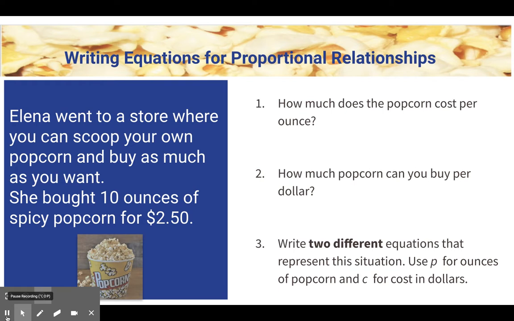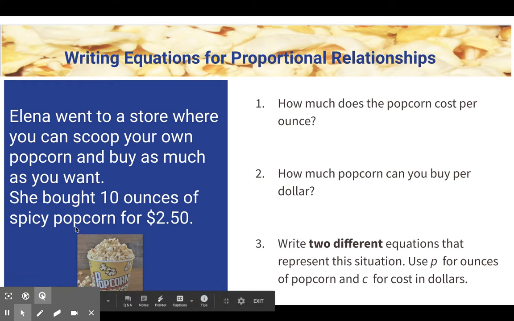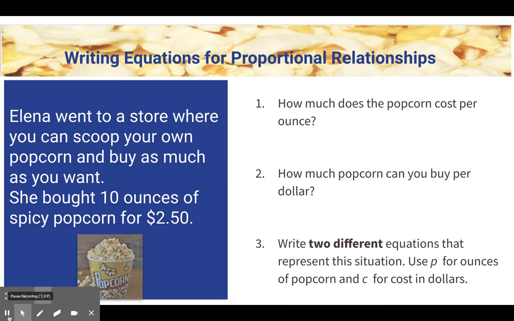So it would cost 25 cents because 2.50 divided by 10 ounces would be 0.25. So one more time, your answer was 25 cents because when I did $2.50 divided by 10 ounces, I got 0.25.